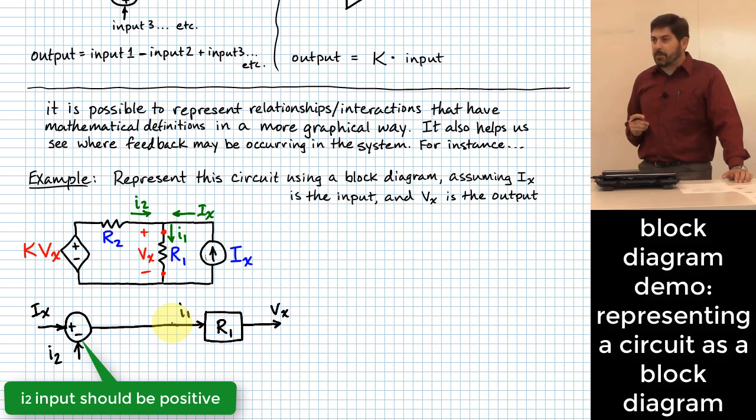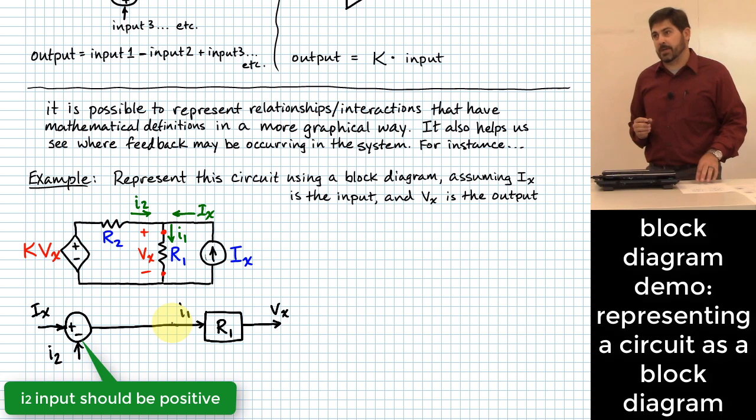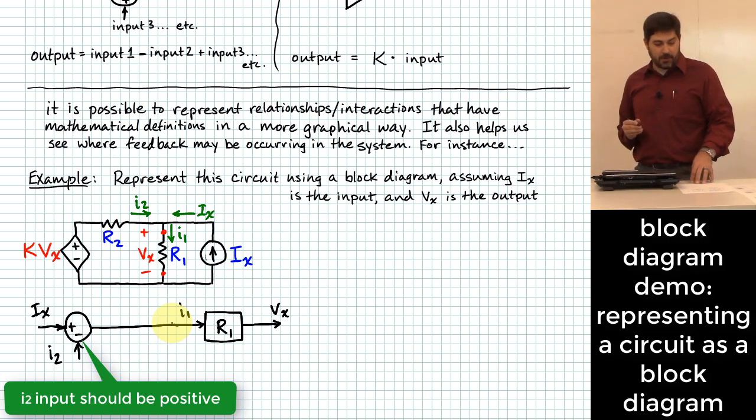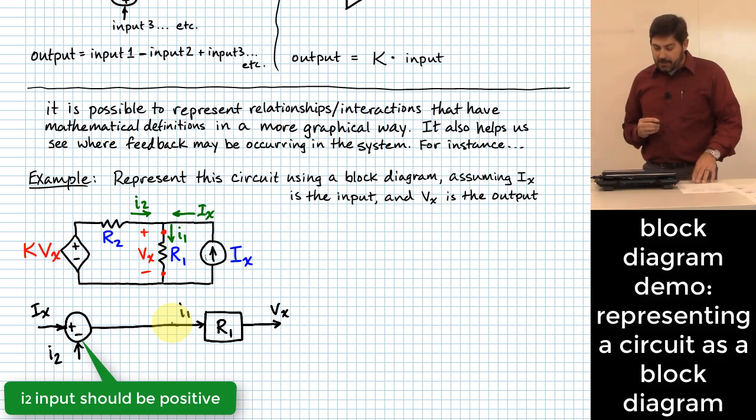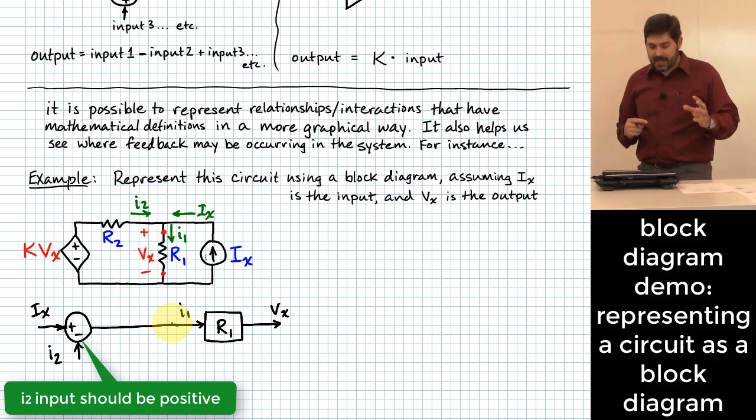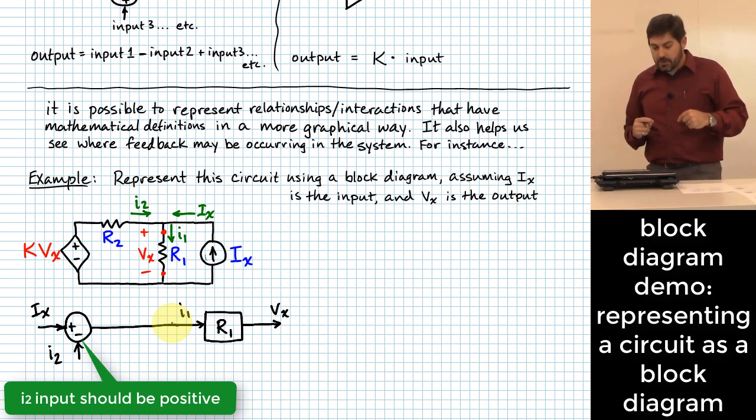So now my big problem is, is there a way I can describe what I2 is going to be? So far, I don't necessarily know what I2 is, but let me use a similar method to what I did last time. Does I2 relate to anything by Ohm's law?